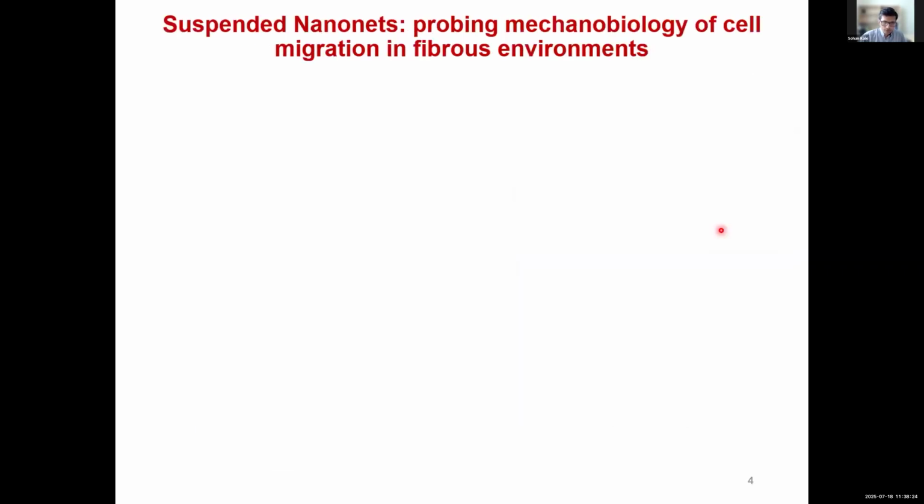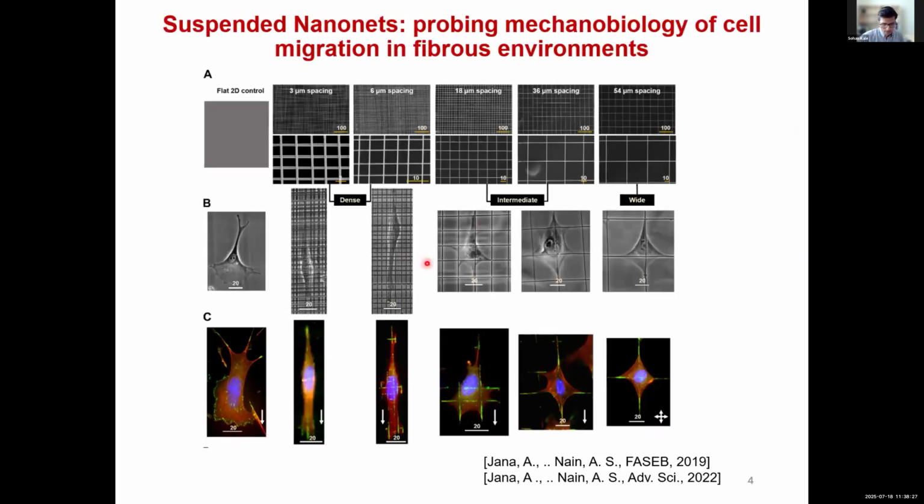Using this platform, they have already shown several interesting observations, but what I want to highlight here is that changing the spacing of fibers can capture how cells behave on or respond to different fiber architectures.